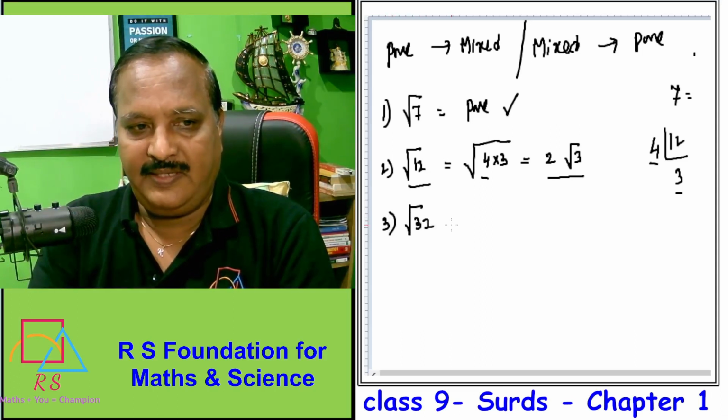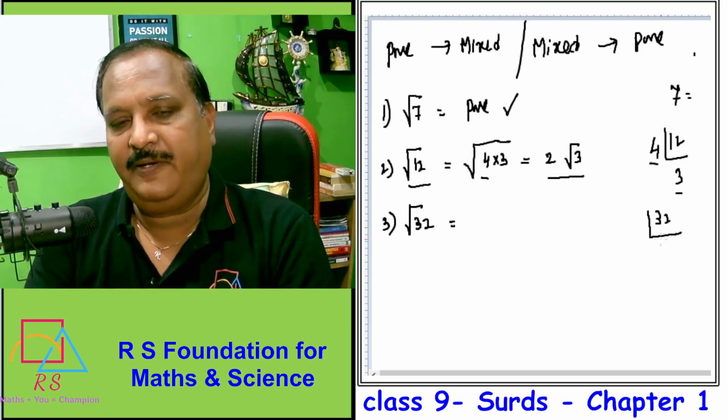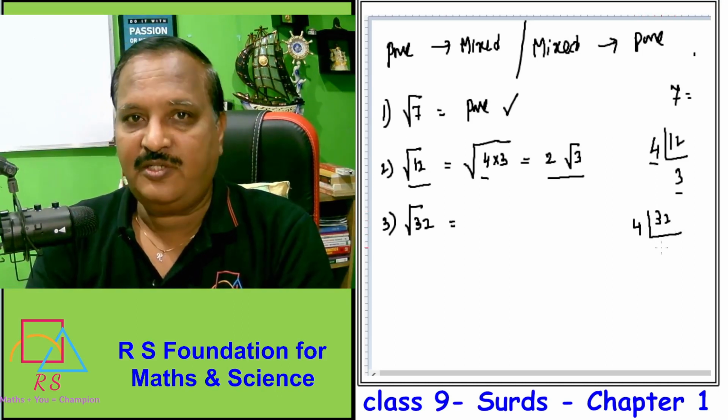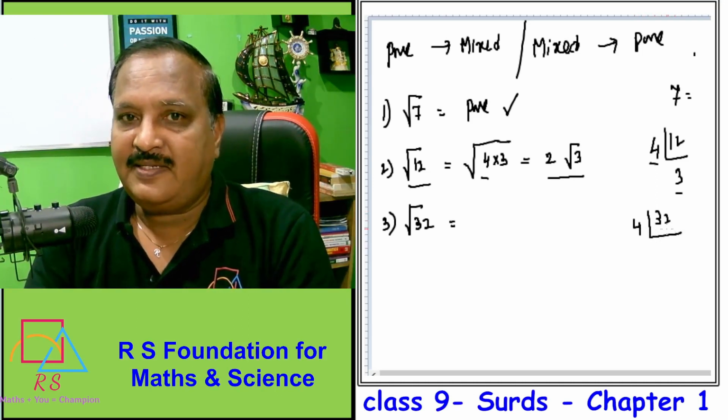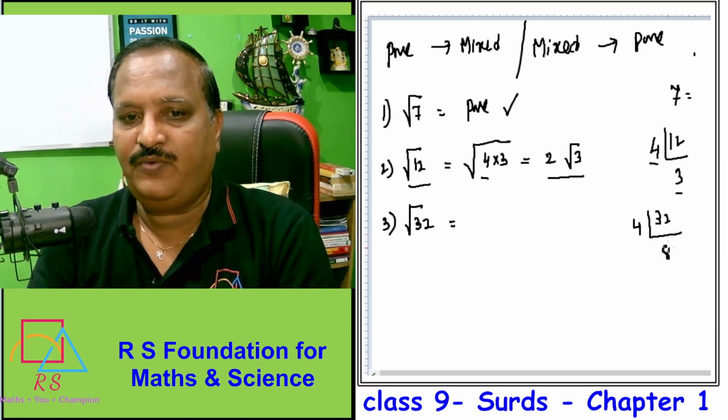32, for example, square root of 32. You have to take 32 in factors also. So you can take a perfect square. 4 is a perfect square, 16 is also a perfect square, because 16 goes into 32, 4 also goes. So 8 4s are 32. Again you take 4 2s are 8.